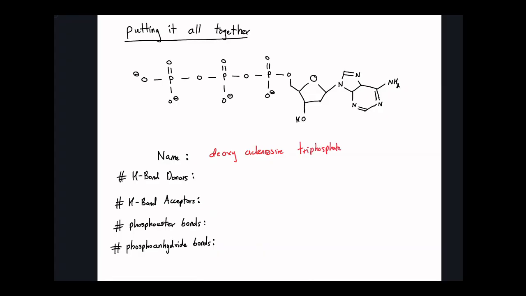We know it's adenine here because there's only a nitrogen. There's no double bond like guanine, and it's 2 rings, 3 phosphates, and there's no oxygen on the sugar. That's why it's deoxy. In terms of the number of H-bond donors, we have 2 here. We have 1 here. So there's 3 H-bond donors. In terms of the number of H-bond acceptors, we have quite a lot.